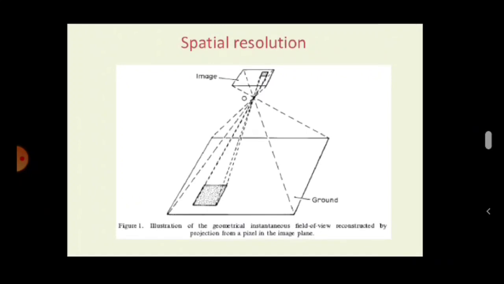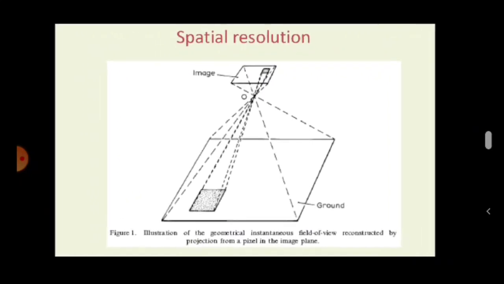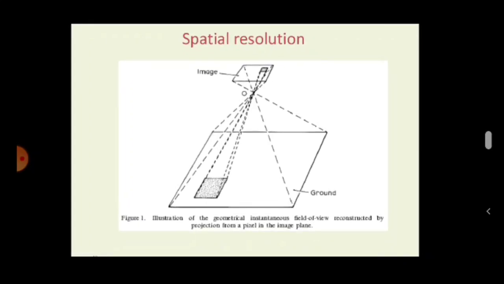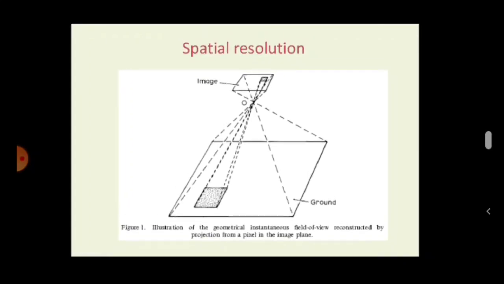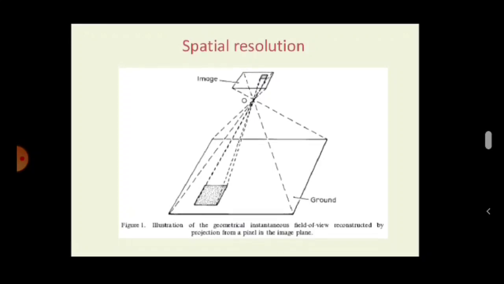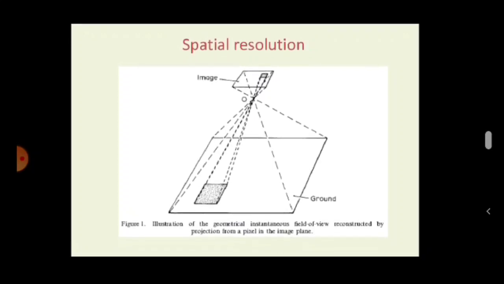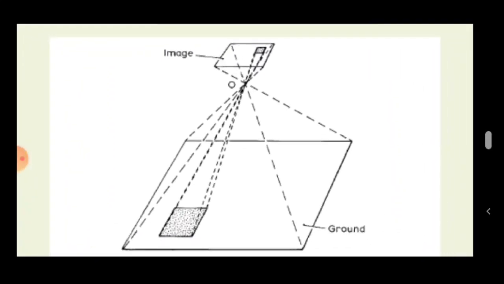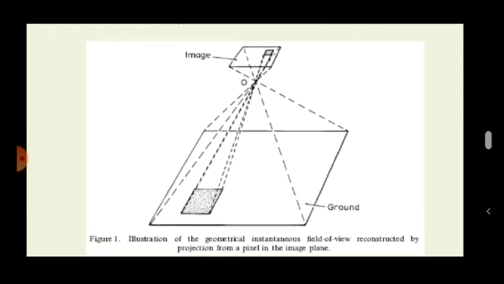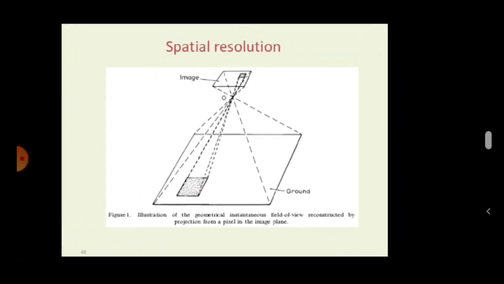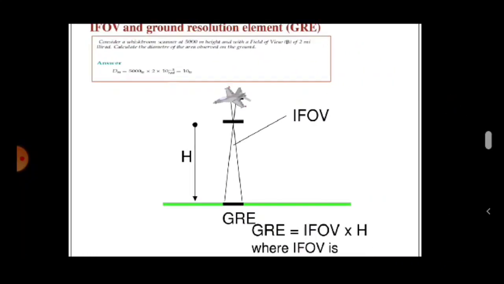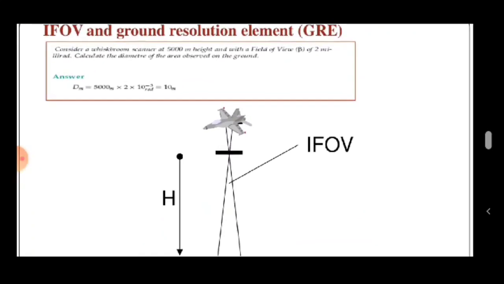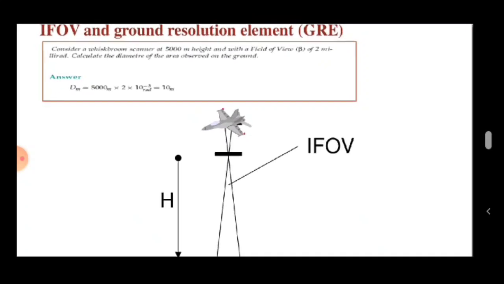This is an illustration of instantaneous field of view, a geometrical illustration. If you want to have a look, you can see how it is illustrated geometrically, and how these equations for IFOV and GRE are defined formally here.